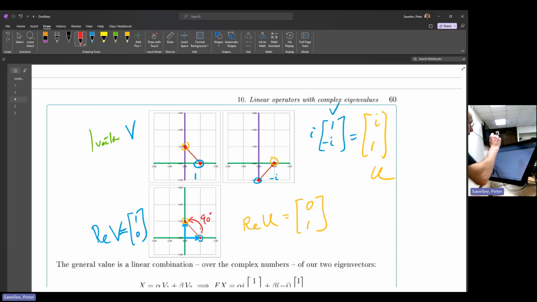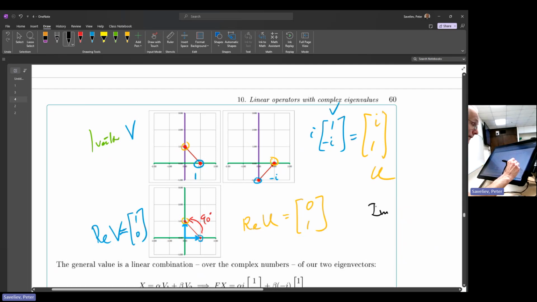You could ask yourself, if I take the imaginary part of v, what is it? The imaginary part of v is 0, -1, and the imaginary part of u is 1, 0.